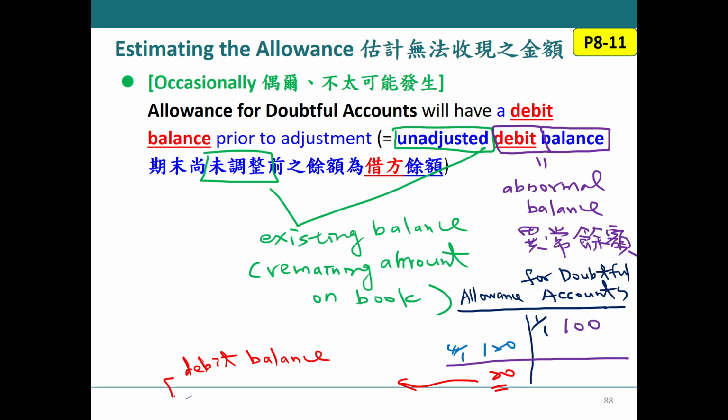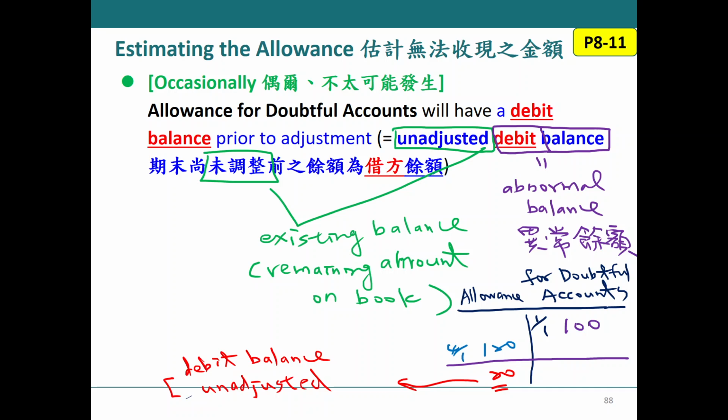Unadjusted. Okay? So in this case, you find out $20 on your debit balance. So what does it mean? Beginning balance 100, what does it mean?